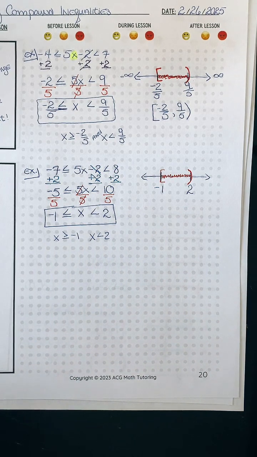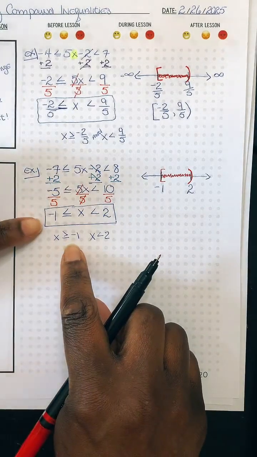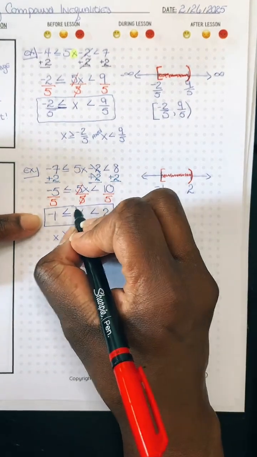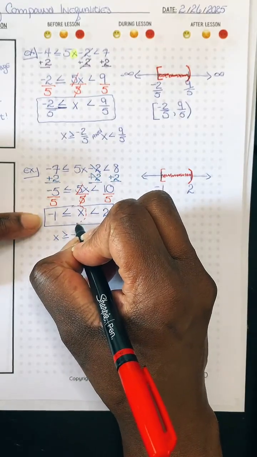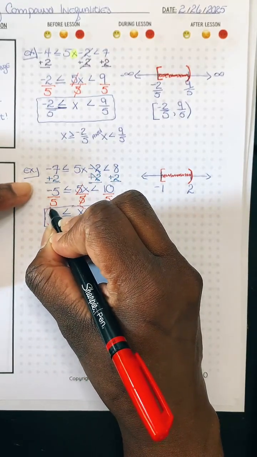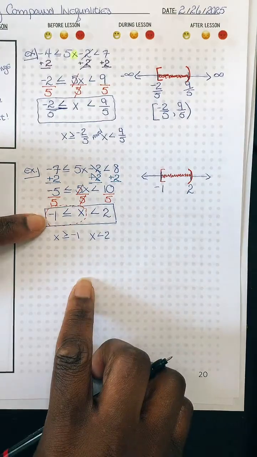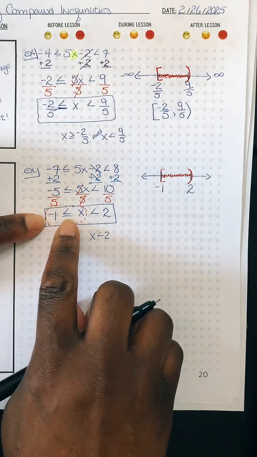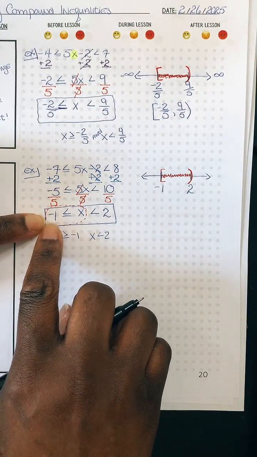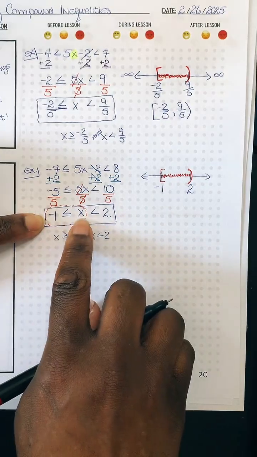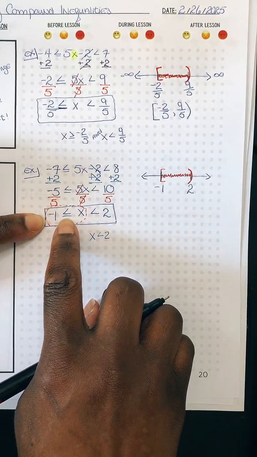Why did you switch? Did I switch? Oh, I did switch. Oh, no, I didn't switch. The reason why, if you break this up into 2 inequalities, this one is saying -1 is less than. So if -1 is less than, that means the unknown is going to be greater than.